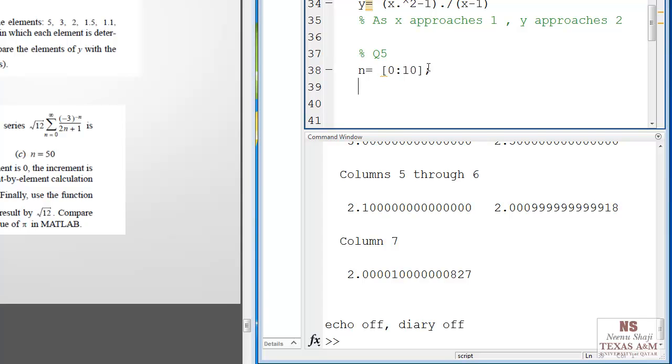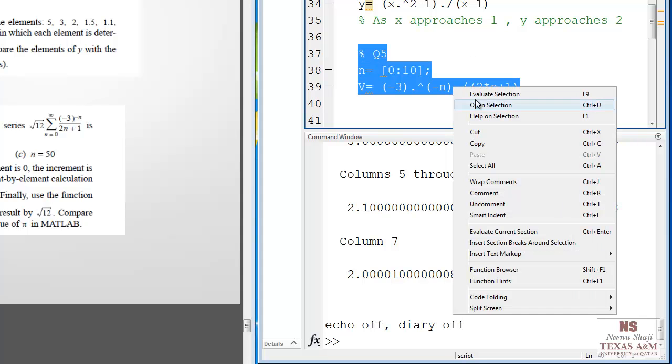Then use element by element calculation to create a vector in which the elements are given by this term. So let's see, it's going to be -3 dot raised to -n dot divided by 2 times n plus 1. So here we get 11 elements for v.